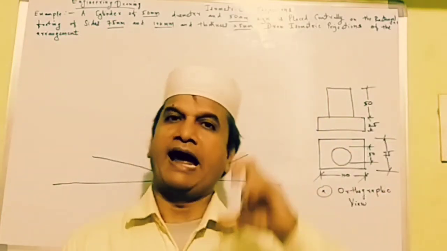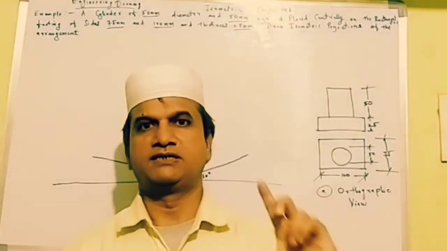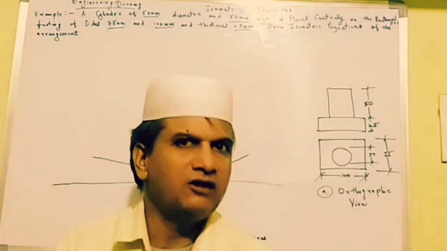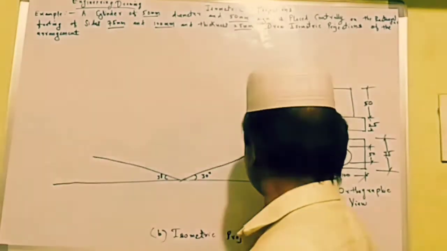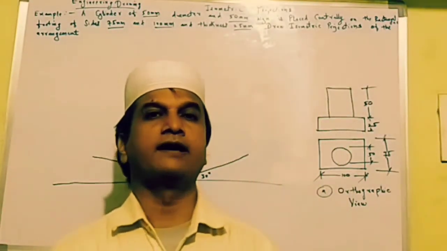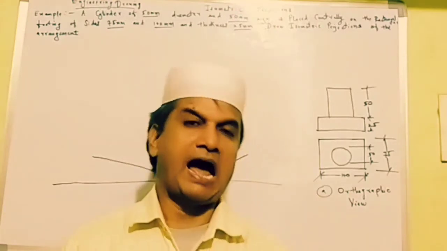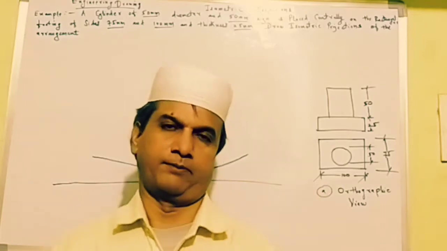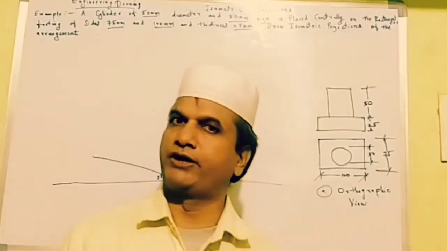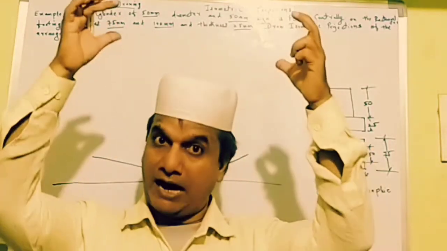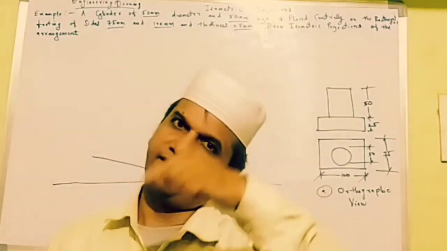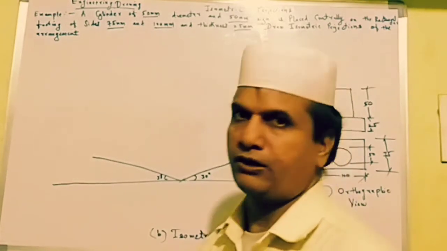The footing depth is 25 mm, the right side line is 100 mm and the left side line is 75 mm. Okay, now we shall proceed.